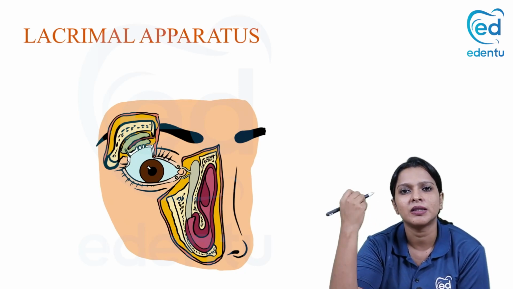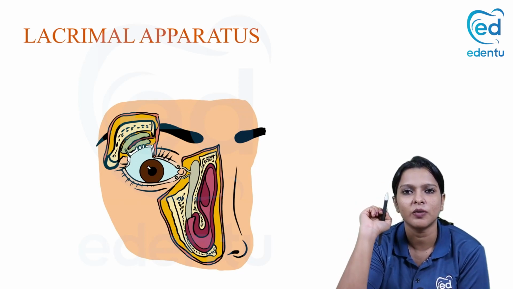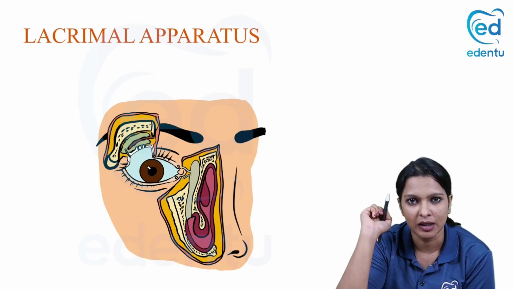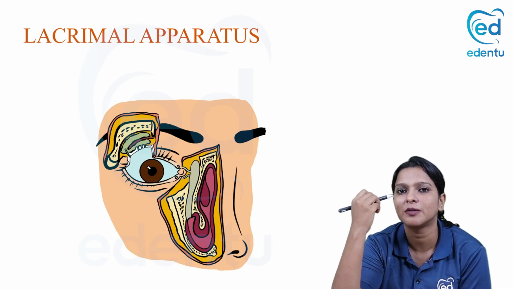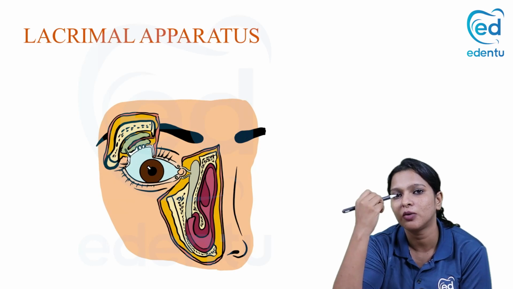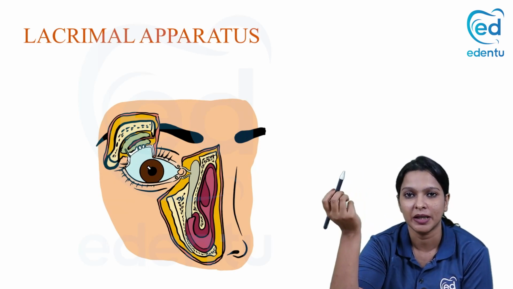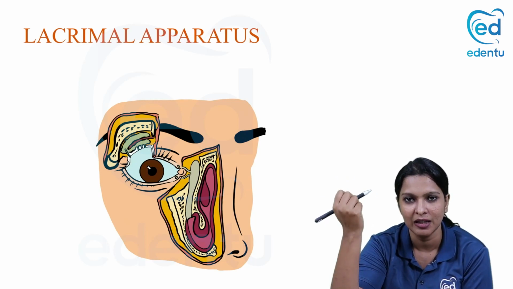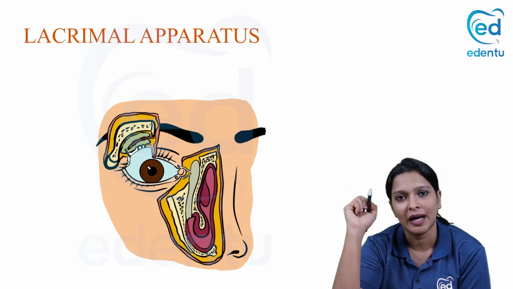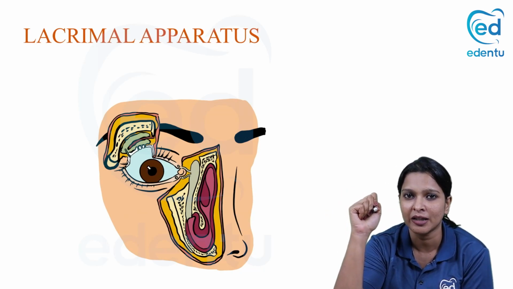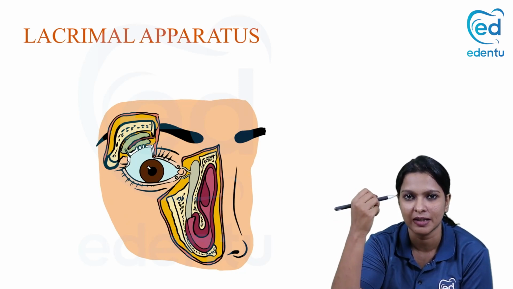From there, what happens? Towards the medial aspect, there are two tiny, minute openings. They are called puncta, lacrimal punctum. From the lacrimal punctum, the tears produced will go to two canaliculi. From there, it goes to a place called the lacrimal sac. We saw one of the muscles of facial expression, the lacrimal part of orbicularis oculi, which is present near the lacrimal sac.